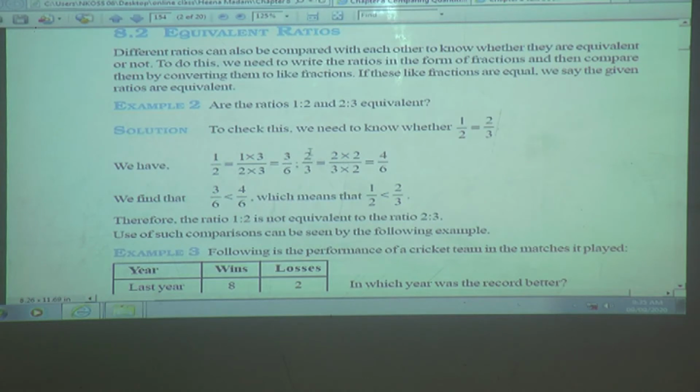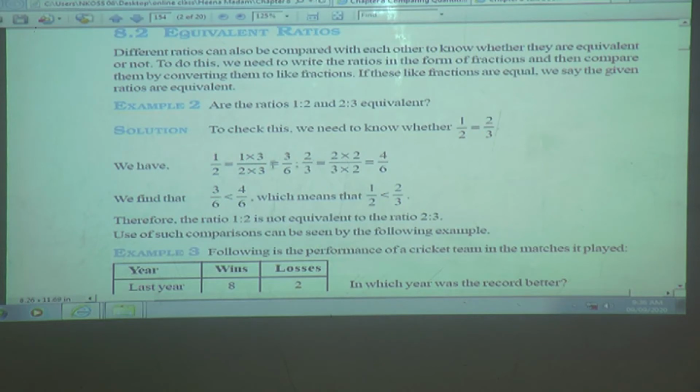Here we will not reduce, to keep the same denominator. Now for 2/3, we multiply by 2 to get denominator 6, so 2 multiplied by 2 is 4, giving 4/6.